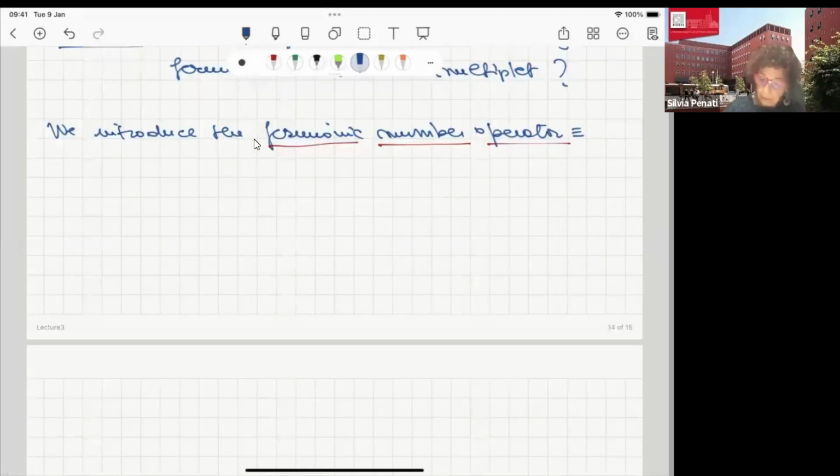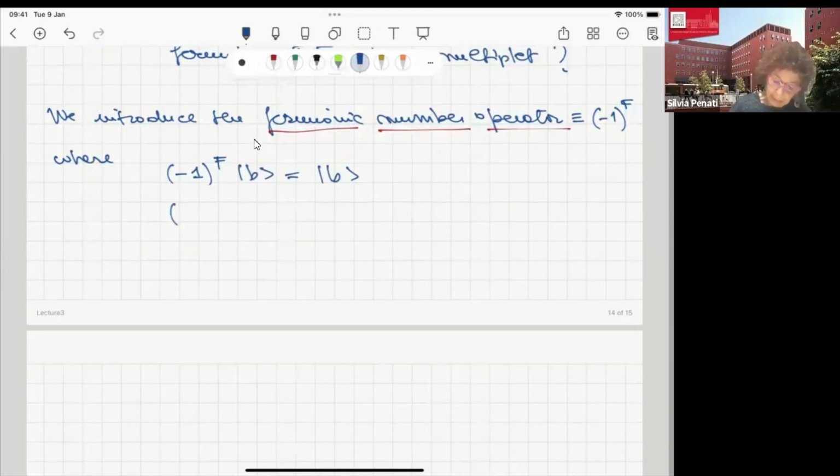I mean, the operator is simply (-1)^F, where if I apply (-1)^F to a boson, I get the boson. If I apply (-1)^F to a fermionic state, I get minus the fermionic state. So basically, F is equal to 0 for bosons and F is equal to 1 for fermions. Okay, this is the definition of the fermionic number operator.